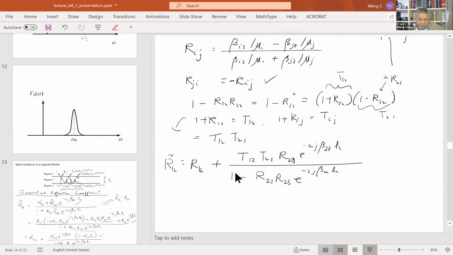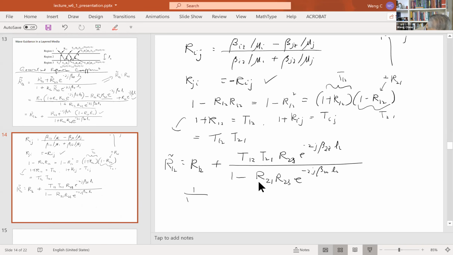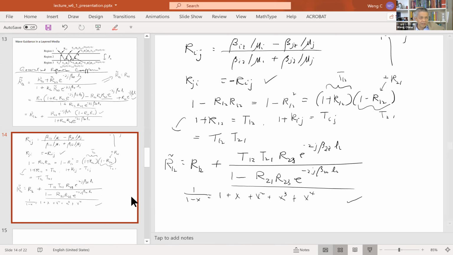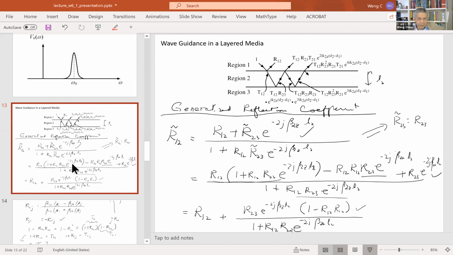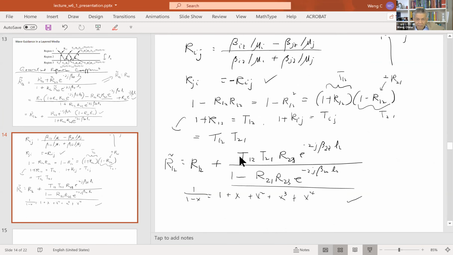And then for the next terms in the series, you can expand this into a power series, 1 over 1 minus x into 1 plus x plus x squared plus x cubed plus x to the fourth. You can expand this in the power series and look at each term of the power series. You'll find that the first term is just this picture over here. The second term, if you were to trace the physics of it, would be this term over here. And then the third term will be this term over here. You can actually do ray tracing and figure out every term of this series.